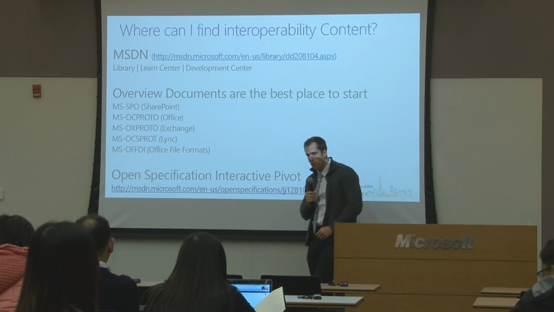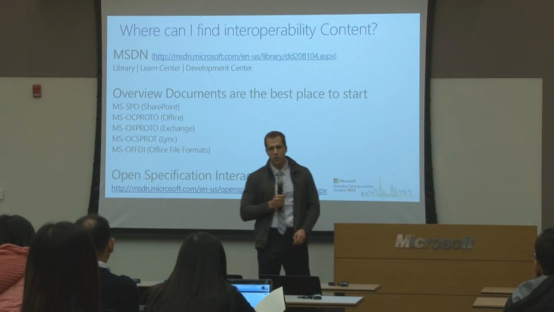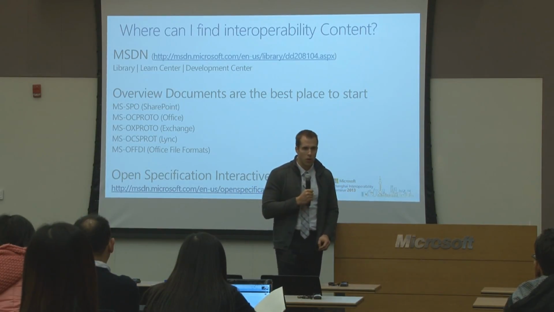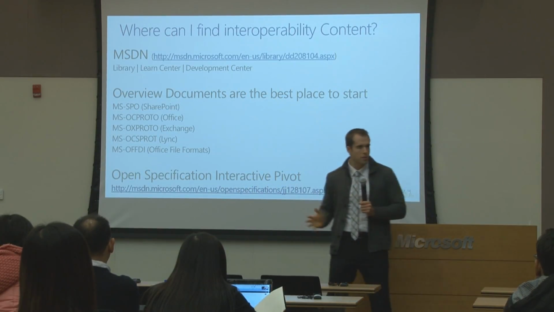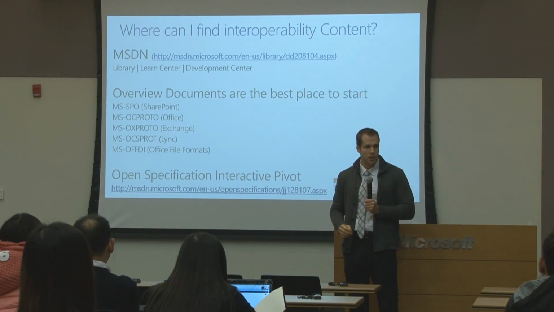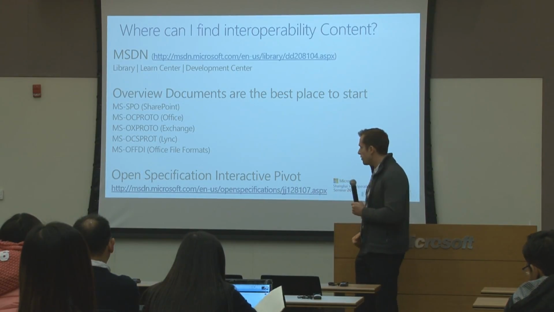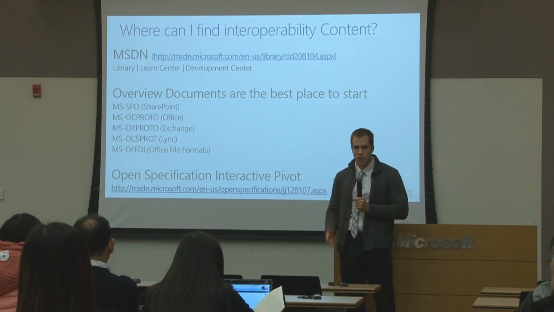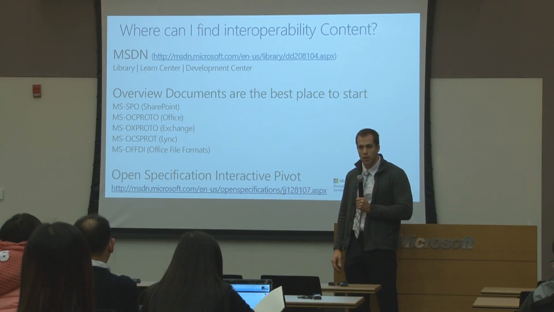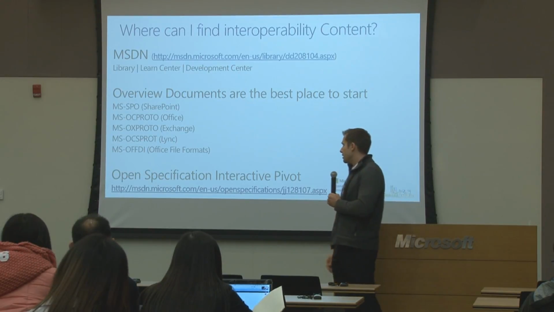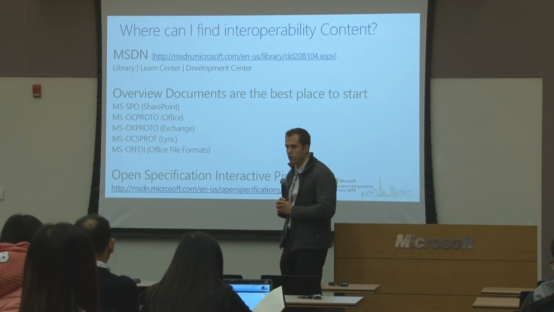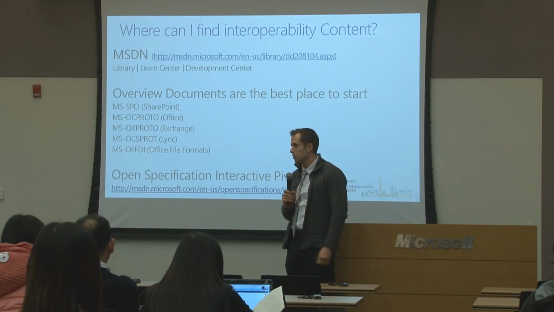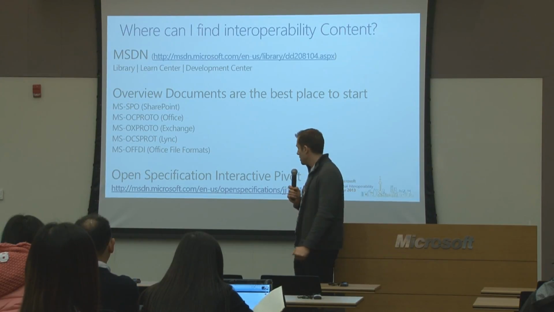If you're just starting with the open specs, the overview documents are the best way to go. The overview documents describe what the topology looks like for the various products. For that, we've got 5 overviews. We've got the SharePoint protocol overview, which Hector will be talking about later this afternoon. We've got the Office Client protocol overview, which describes the protocols supported by Word, Excel, and PowerPoint.